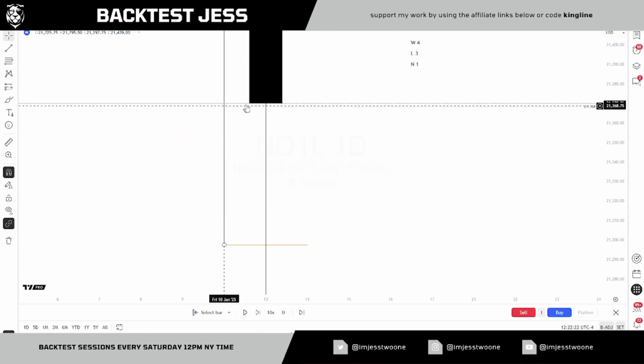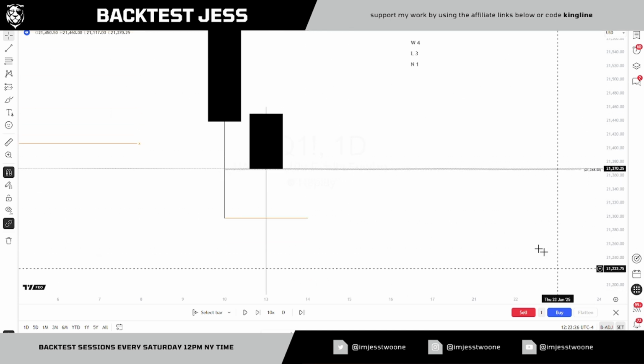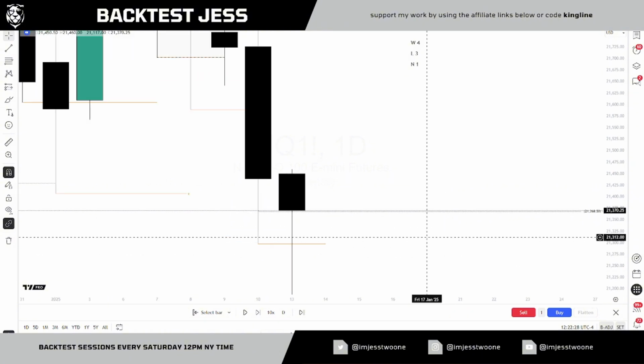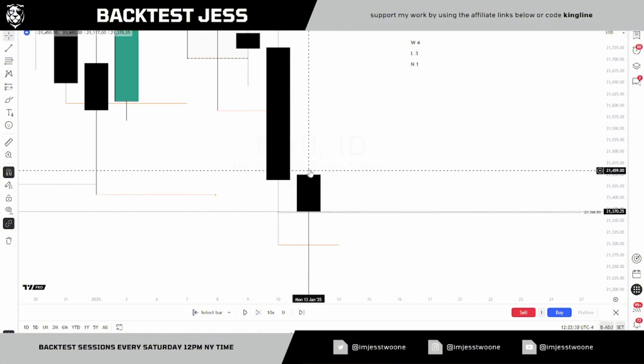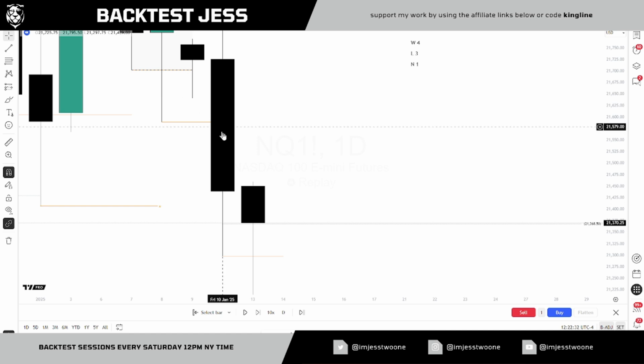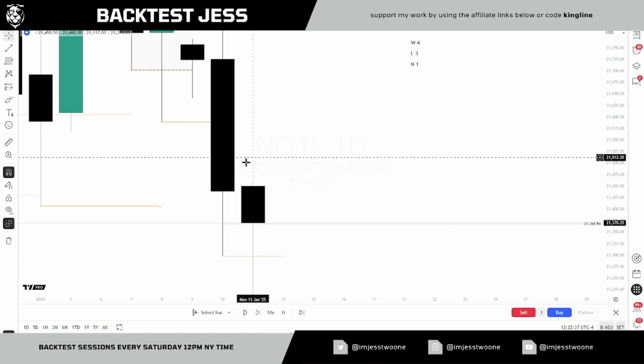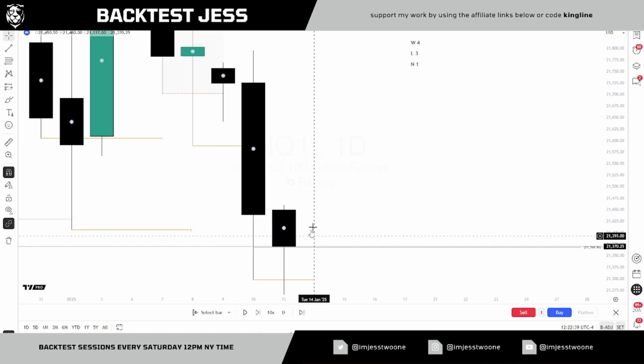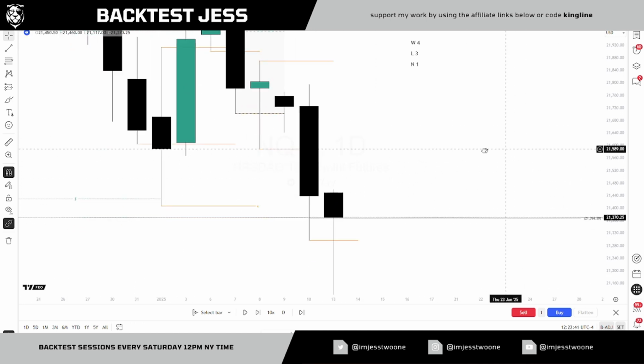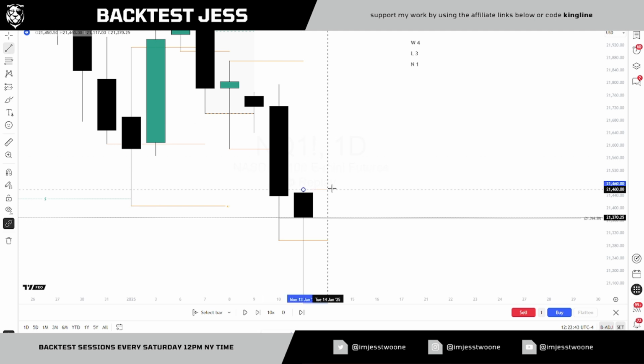We did not close below CE of this wick. So as a result, I would aim for previous day high in this scenario, right? Because you also have a daily SIBI here. So if anything, price is going to reach up into this daily SIBI, even if it doesn't close above this candle. So we'll aim for previous day high.